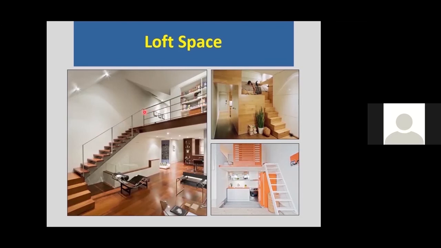We can't put a bathroom up here. All of the bathrooms would be required to be on an accessible route. It would be unlikely that we'd put a kitchen up here, but we don't put the kitchen up here. It's required to be on an accessible route. So you can have a loft space, but it does have limitations.